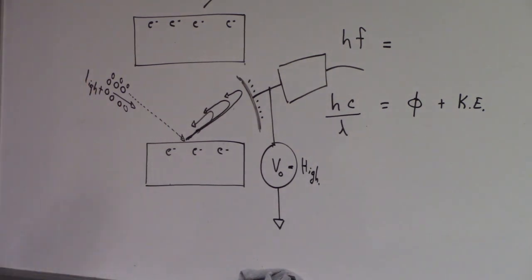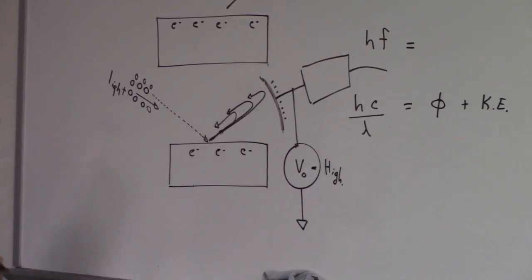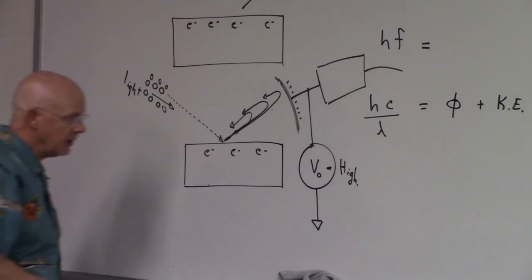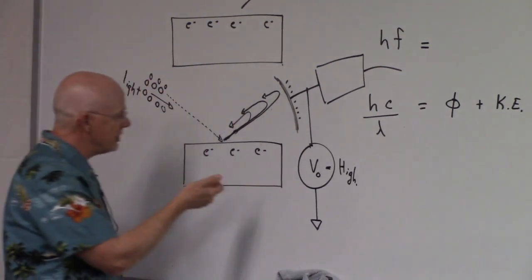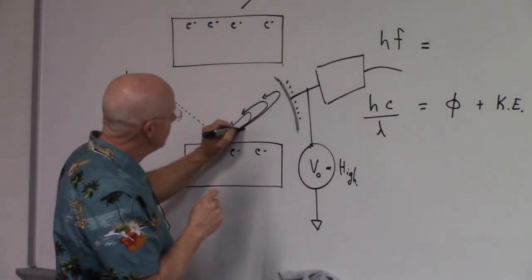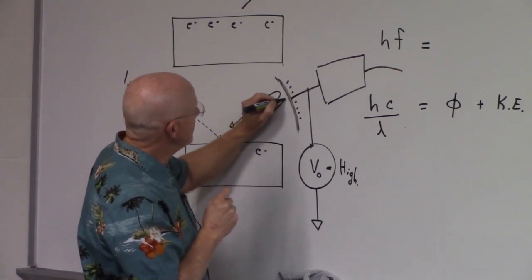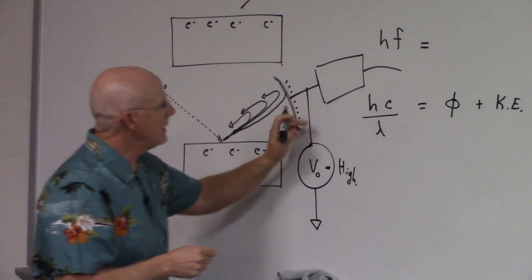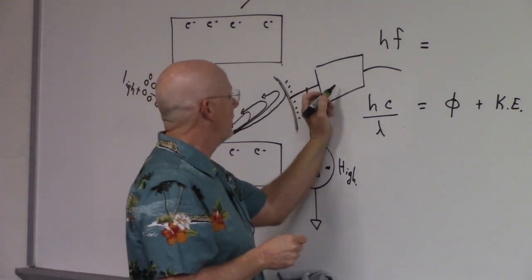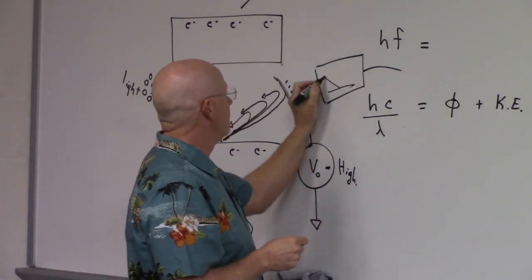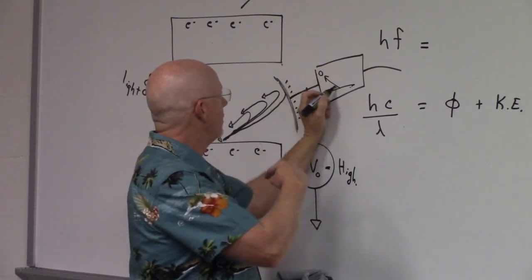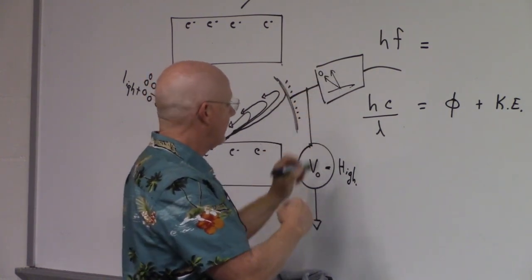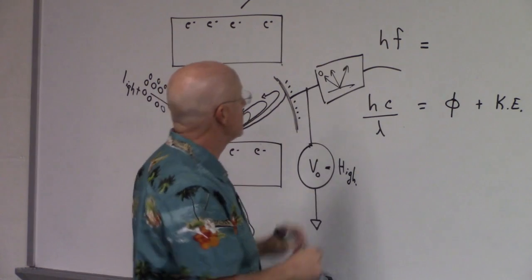And maybe at that point we're still not collecting them, but at some point we will turn this voltage down low enough that all of a sudden one or two will just make it, and our counter will go, and there'll be a little needle here. First be pointing at 0, and then it'll go up a little bit. And of course, if we turn it down, it goes up a lot.